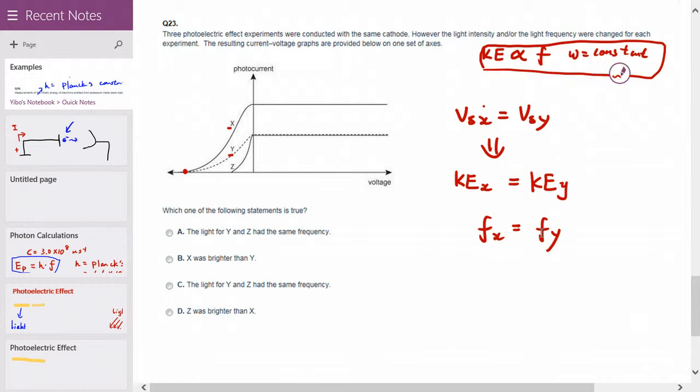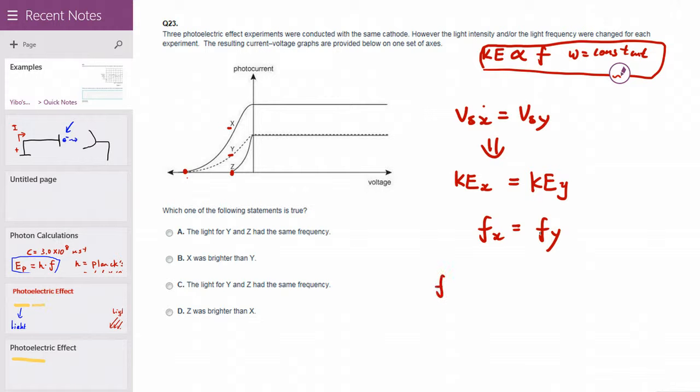However, the frequency of Z must be a lot less than X and Y, because it has a lower stopping voltage. Remember, in the graph, the stopping voltage is 0, so we have a minus something there and a minus something there. The magnitude is much smaller.